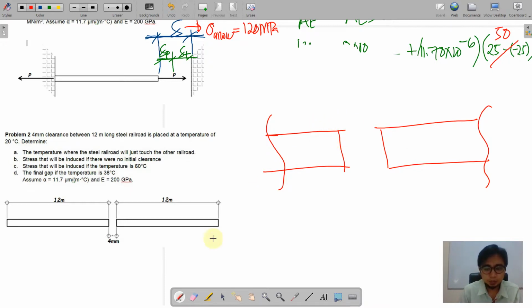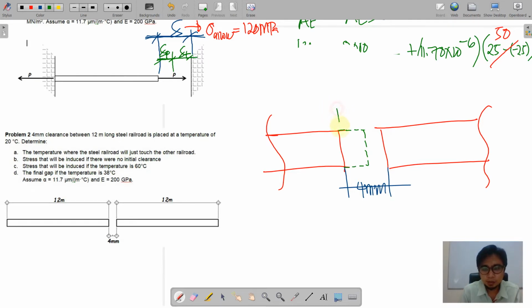Okay, so the gap is 4 millimeters. So ngayon, kapag less than sa 48.49, bitin, hindi siya aabot hanggang dun sa dulo, or it will not touch the other railings.